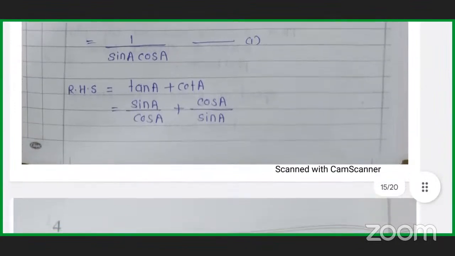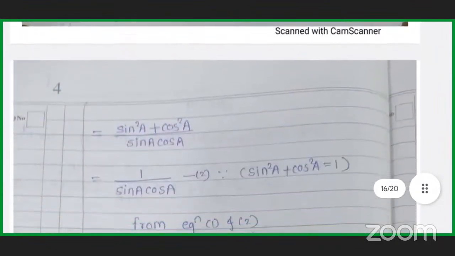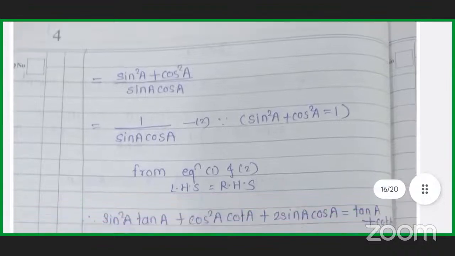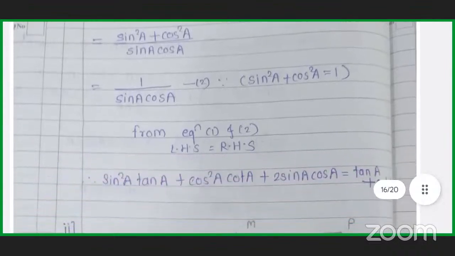So sin A multiplied by sin A becomes sin square A. Cos A multiplied by cos A is cos square A, upon sin A cos A. So here we write 1 upon sin A cos A, since sin square A plus cos square A has the value 1. So when we observe equations 1 and 2, LHS becomes RHS. So hence we have proved that easily.